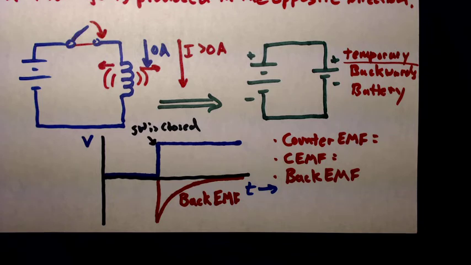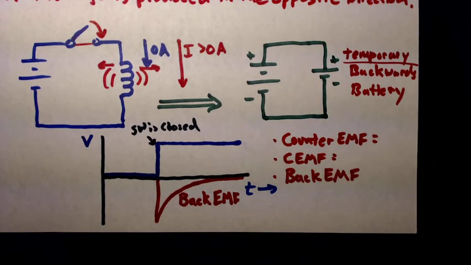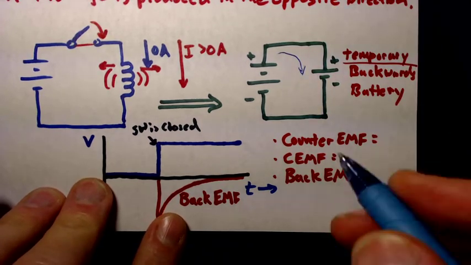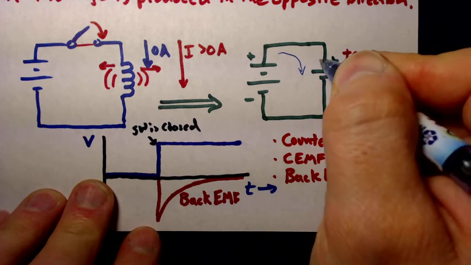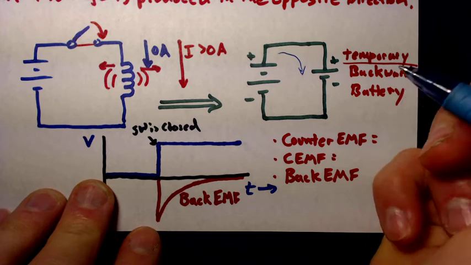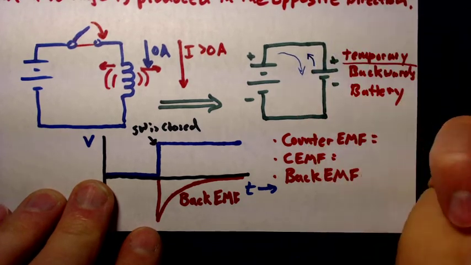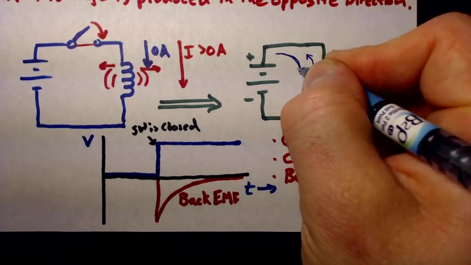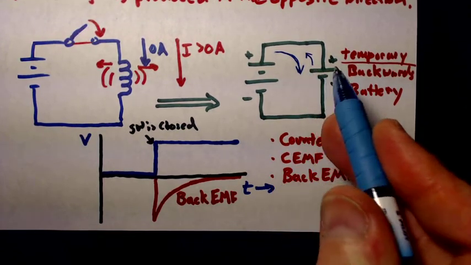Well, if I'm applying a voltage source causing current to flow in this direction, but I have in response a back EMF that's opposing this current flow in the first place, I'm not allowing the current to change instantly.